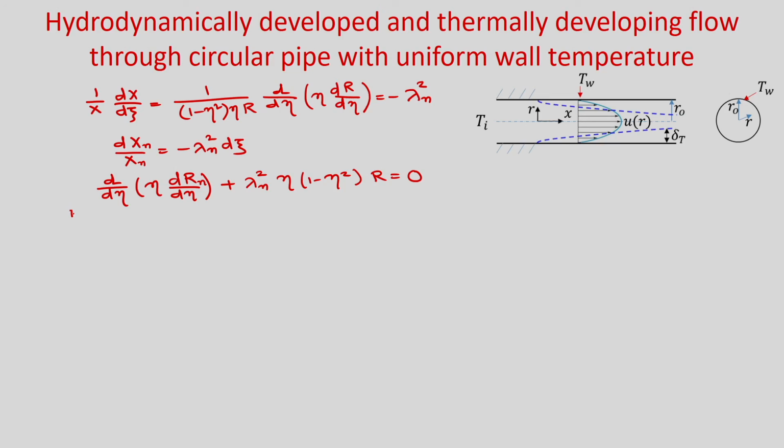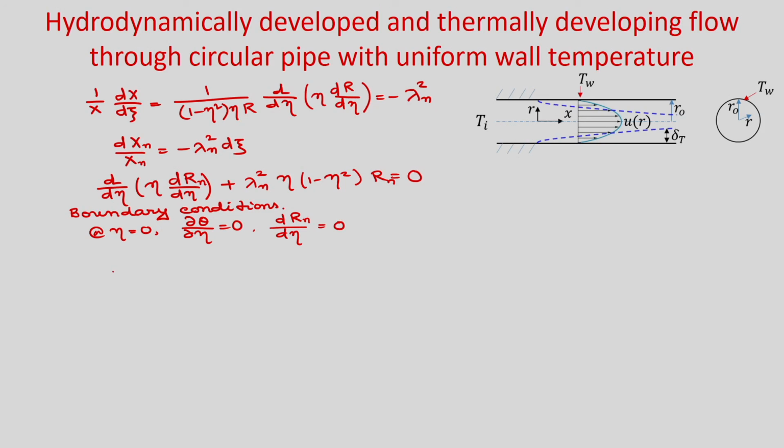So, the boundary conditions, if you write them: at eta is equal to 0, del theta by del eta will be 0. So, if del theta by del eta is 0, obviously dR by d eta will be 0.